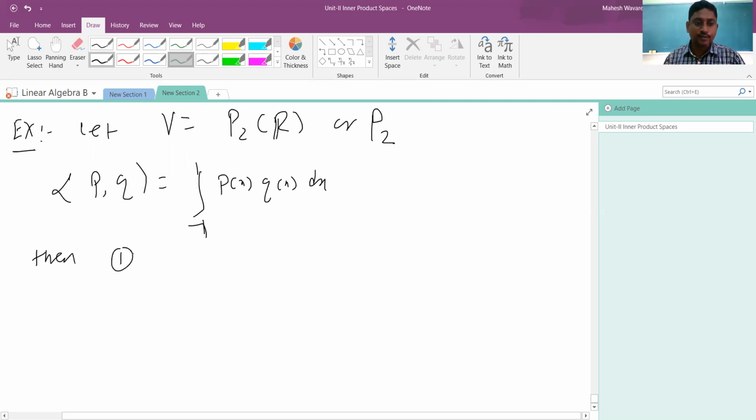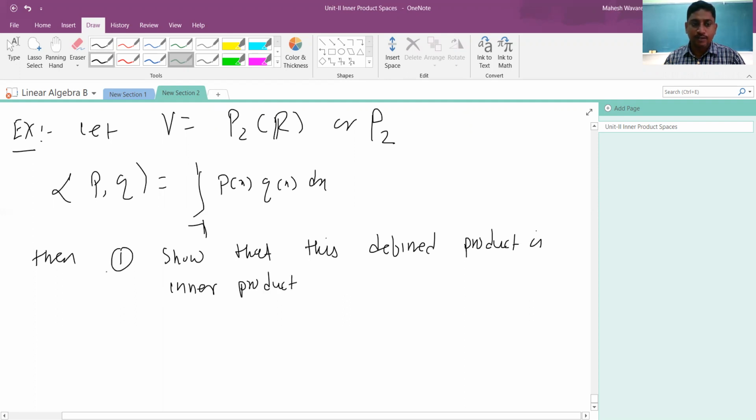Then first show that this defined product is an inner product. First, you have to verify this, and this will be homework for you. You need to verify all four conditions.